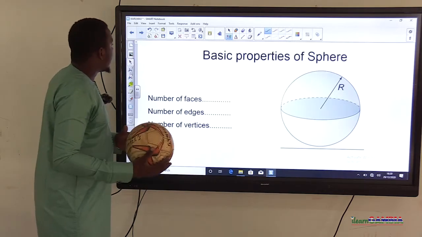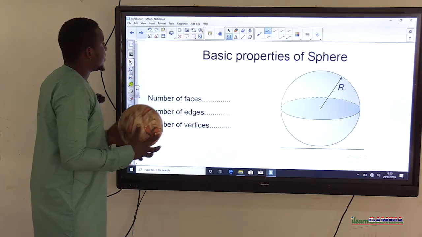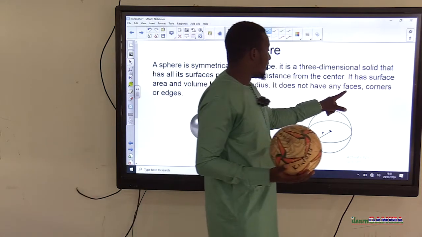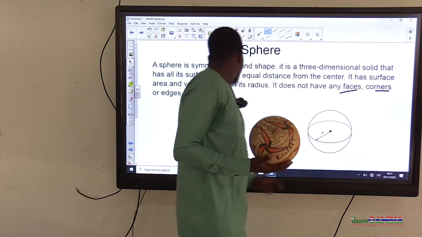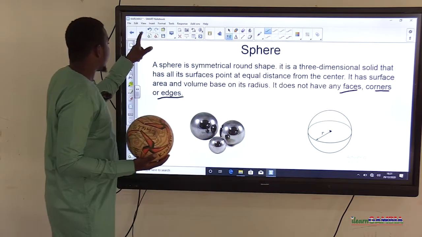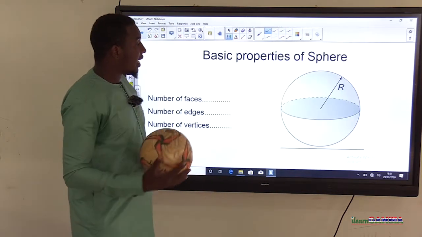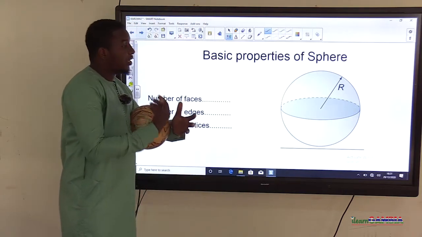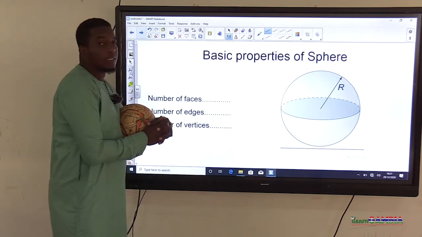We look at the basic properties of a sphere. Although from the definition we are told that it does not have any faces, corners, or edges, we will not stop there, but we will go further to find out if that is true, whether it doesn't have faces, edges, or corners.